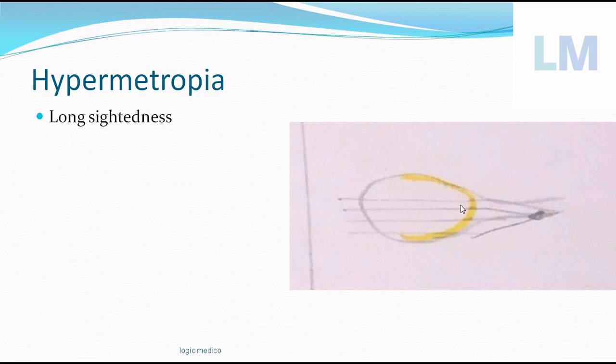Why do you think it is called long-sightedness? Because from a longer distance the rays of light will still be converged onto the retina, so the person is able to see longer distance objects very clearly because the image falls on the retina. But the same thing won't happen with a short distance, because the eyeball is shrunken.